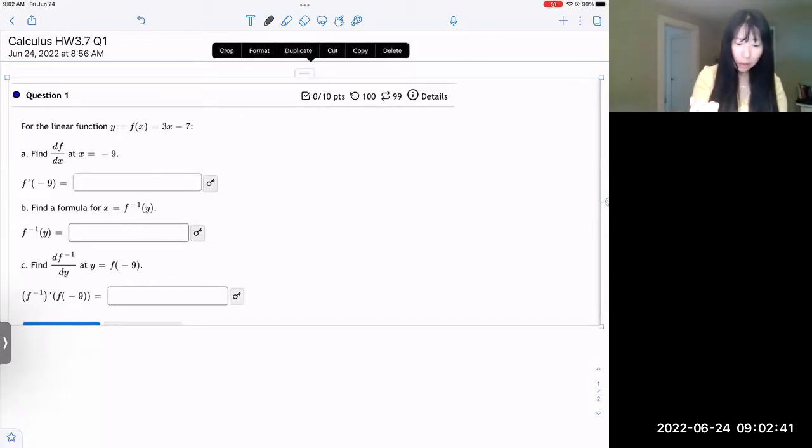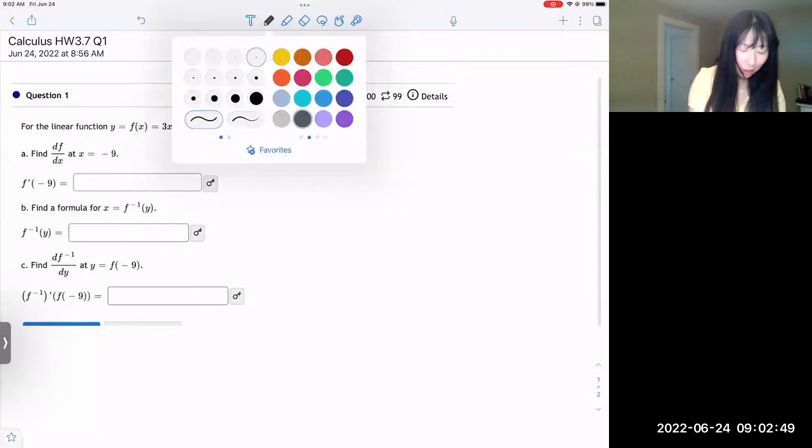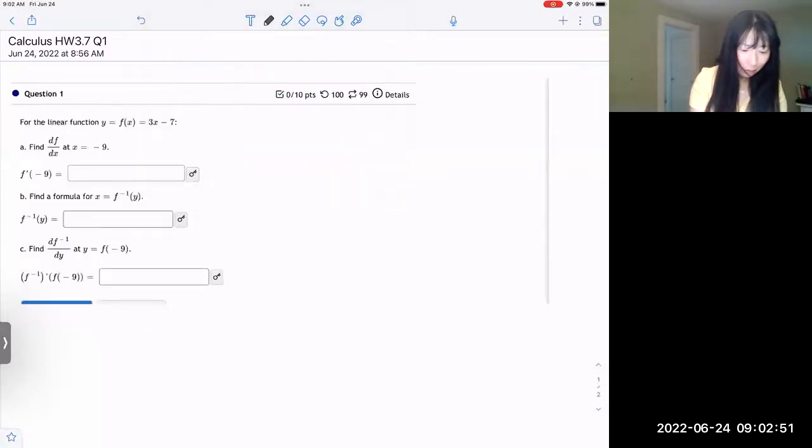Okay, so first, let us do this one. They're using df over dx. This means we want to find the derivative of the function in terms of x, right? Now, when x equals -9, what's the derivative?